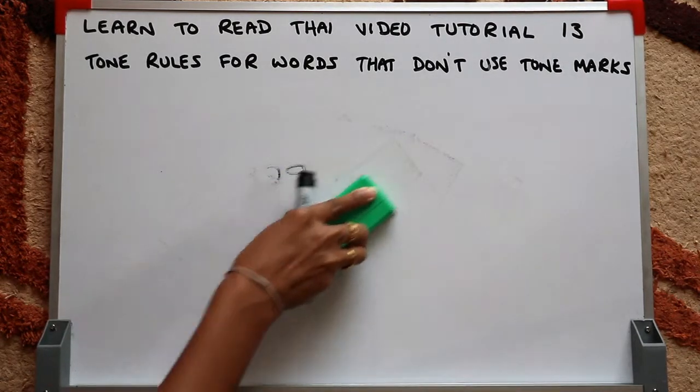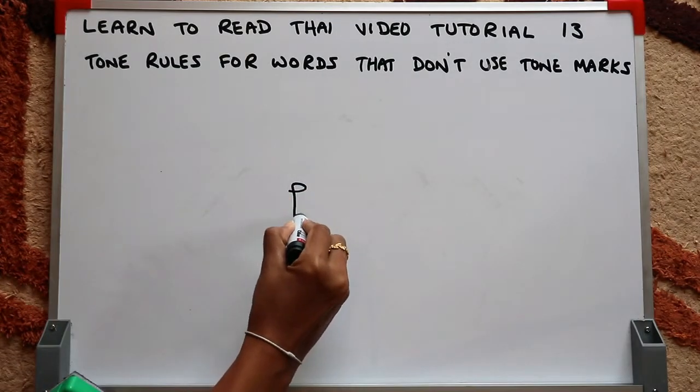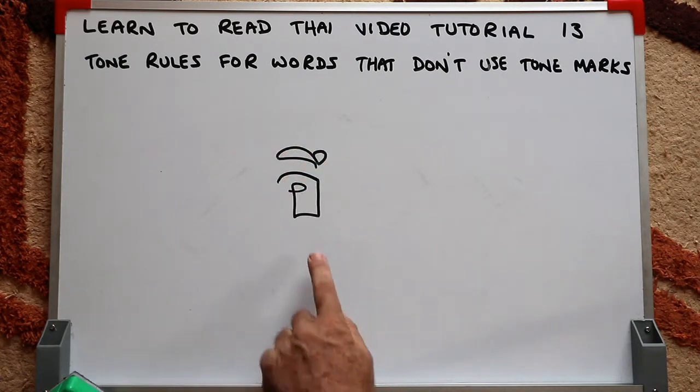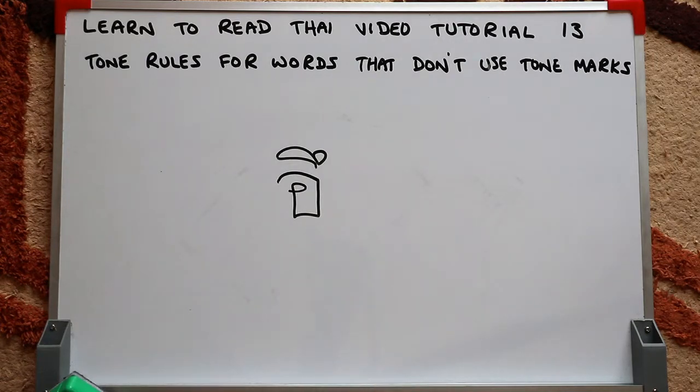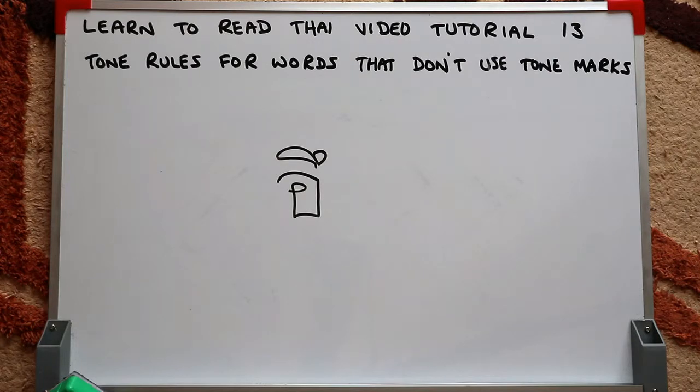Next, let's look at a word that uses a dead syllable. This one here uses the silent consonant, so we don't actually hear anything from that. And above it is the short sound. So this word is just the sound of a vowel.